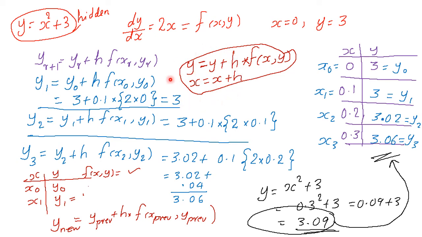We calculate the new value of y, we calculate the new value of x, we go back, we calculate the new value of y, and the new value of x. So it keeps on like this, until your march ends, when you reach your destination. So that's the algorithm.